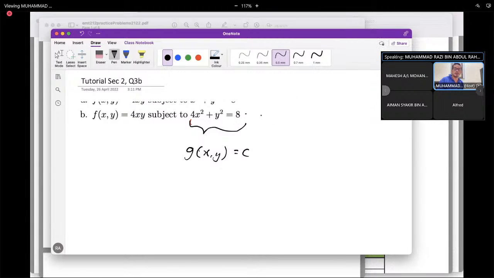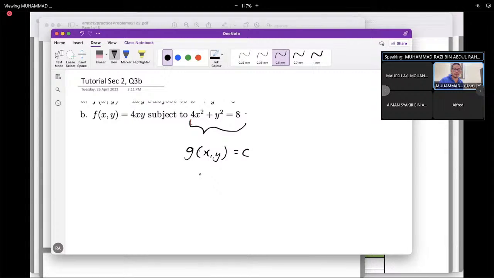But it's written in a way that if you want to include this 8 as the constraint value, we usually write it this way, right?